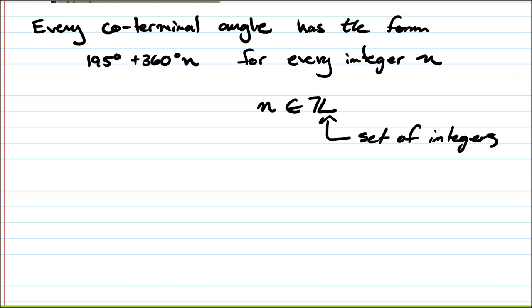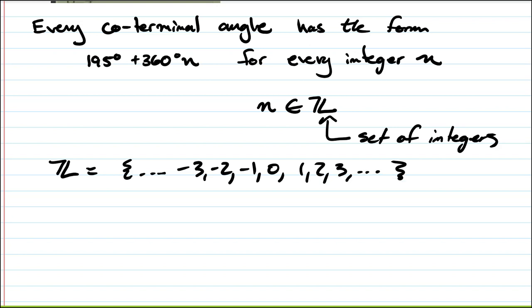And what we mean by Z as a set is that it's all the positive and negative whole numbers and 0. So basically what this is saying, like we saw in our table, if I take 360 degrees and multiply it by any positive whole number or any negative whole number, it will generate a coterminal angle.